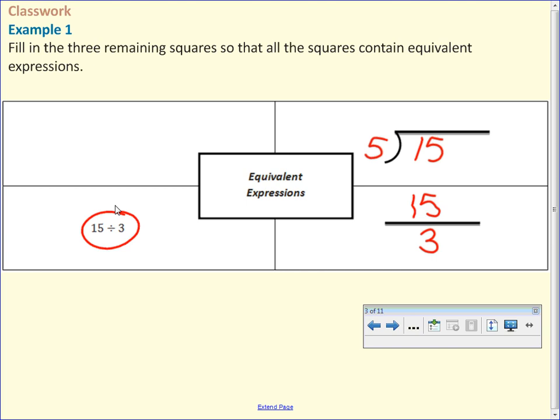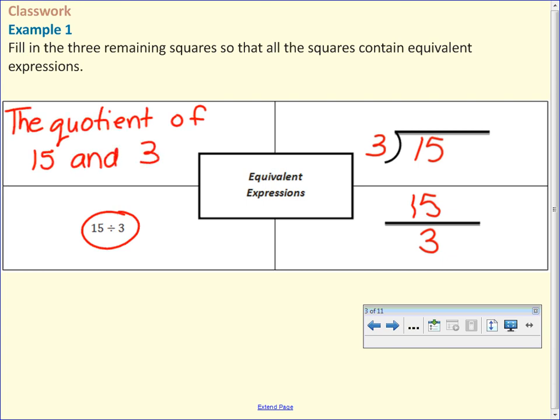I'm not allowed to just make up numbers. I have to use the real numbers. Or the quotient of 15 and 3, if we wanted to write it in words. There. That's Lesson 14.